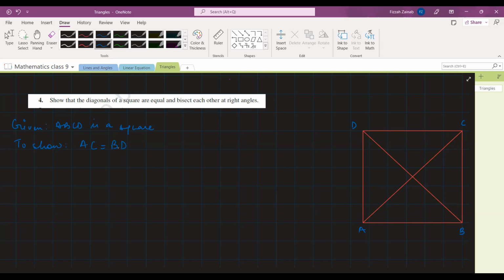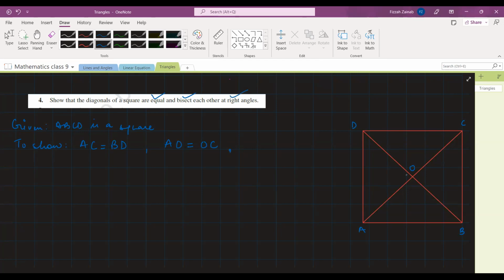First thing. But diagonals are equal and bisect each other. Bisect means they divide each other into two equal parts. So if this is O, we also have to show that AO is equal to OC. Is that correct? And third thing, at right angle.